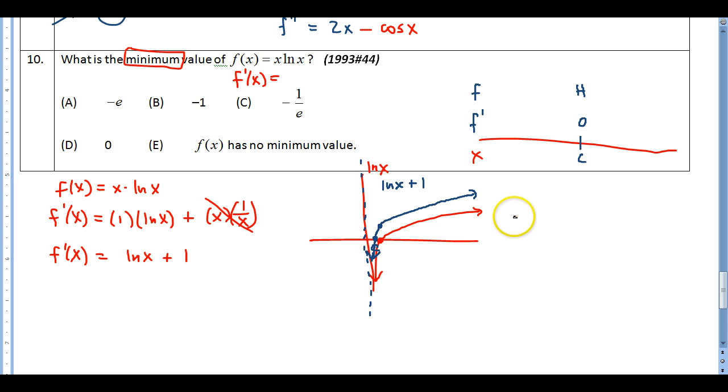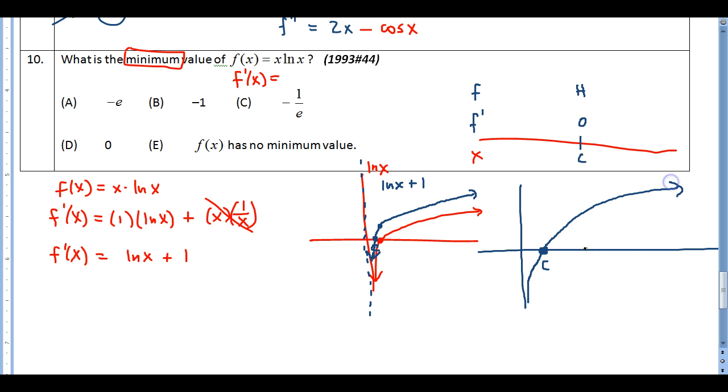If I draw this again, I'm going to try this a little bit bigger. So this is at 0, c. Here's what the graph looks like. Since this is f prime, to the right of c, f prime is positive.